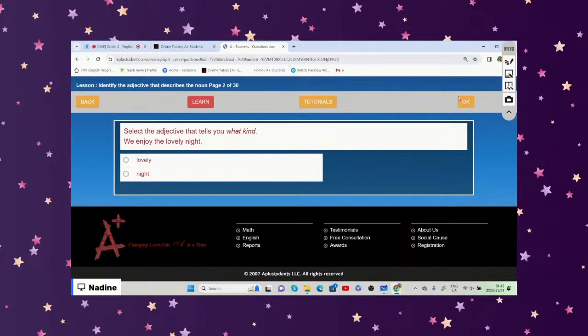We enjoy the lovely night. We need to select the adjective that tells us what kind.